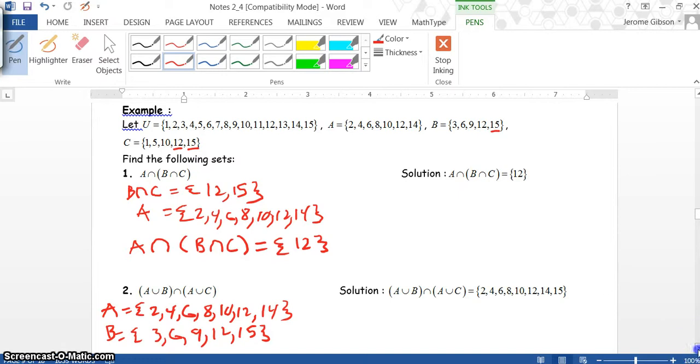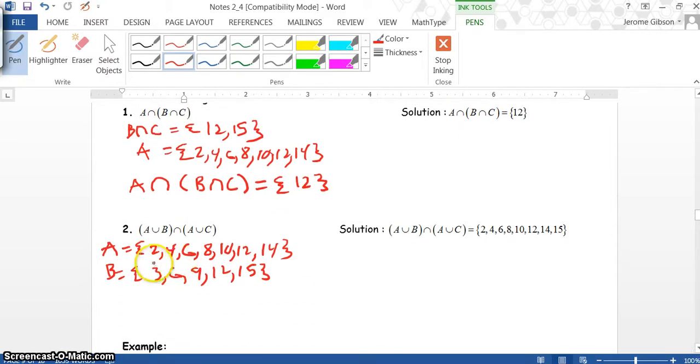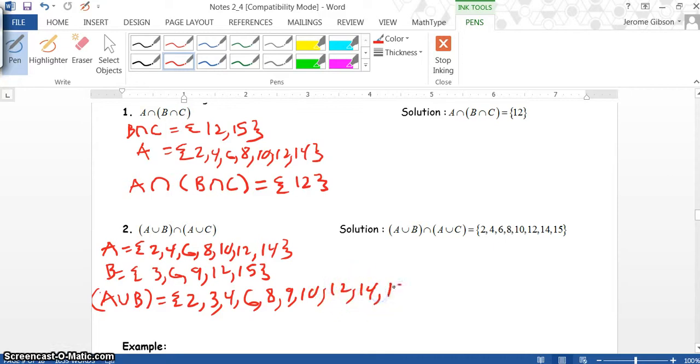Now when we union A and B, that would give us 2, 3, 4, 6, 8, 9, 10, 12, 14, 15. So A union B is the set of 2, 3, 4, 6, 8, 9, 10, 12, 14, and 15.